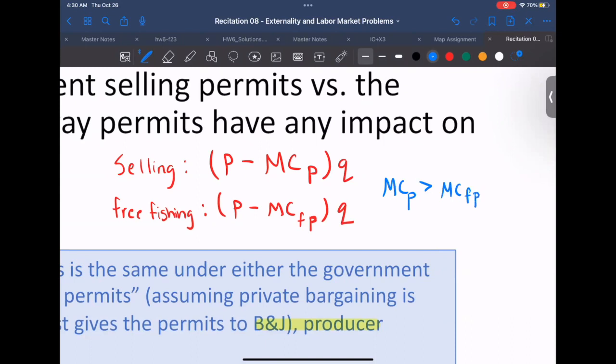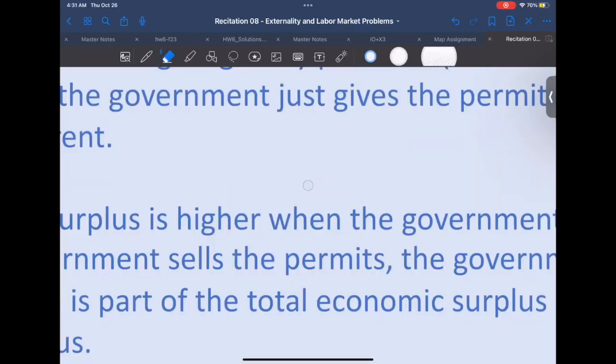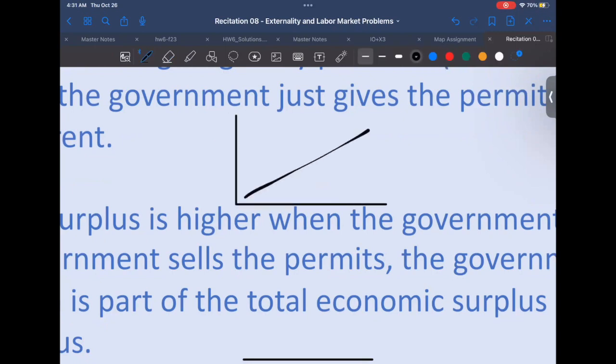And if they sell permits to you, the marginal cost that you incur by buying a permit is clearly going to be bigger than the marginal cost that you incur when the permits are just being given away. So if our producer surplus is related to our profit, if we look at something like a graph, we have our supply curve and then our demand curve.